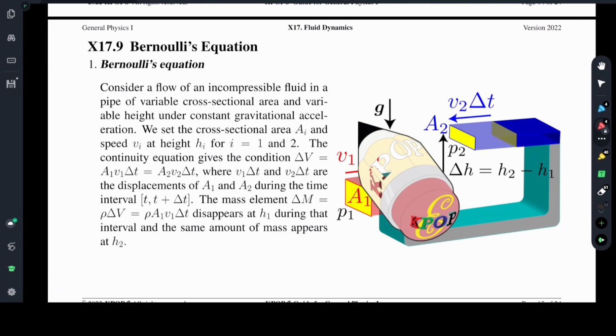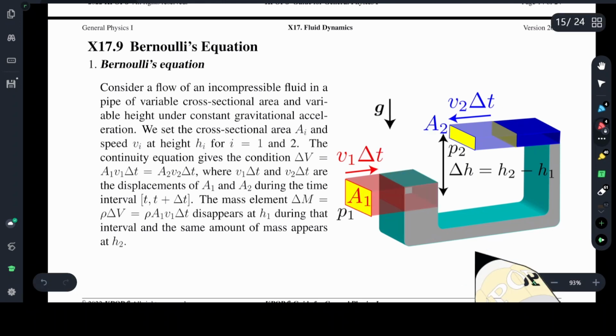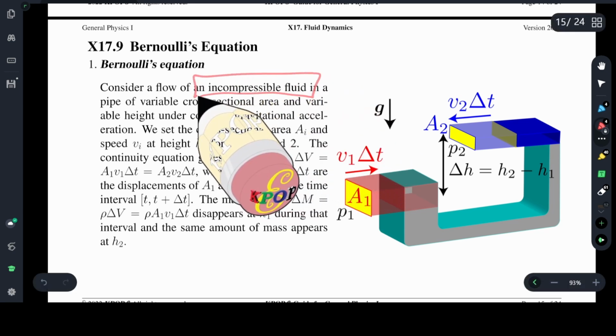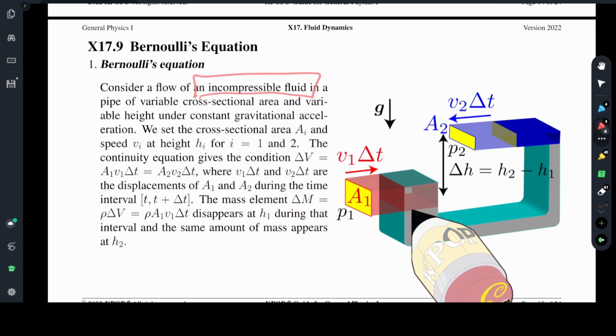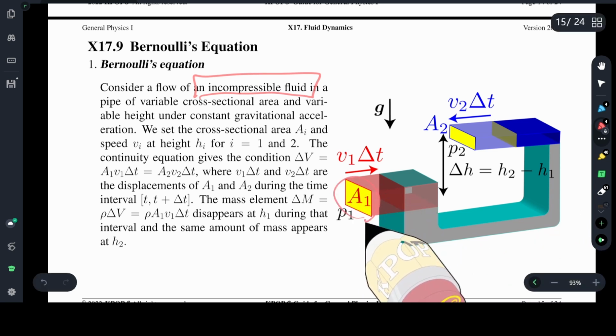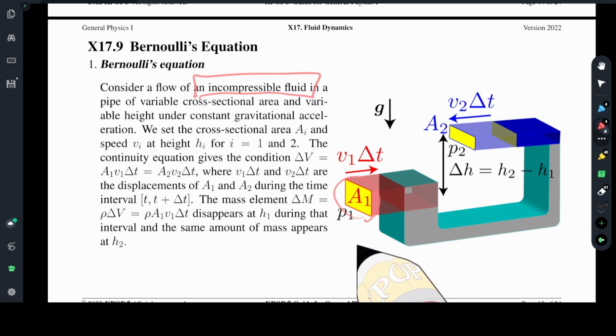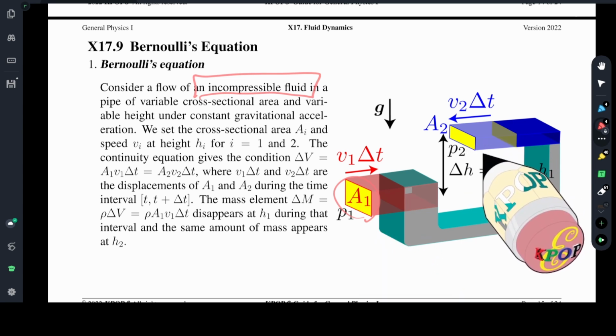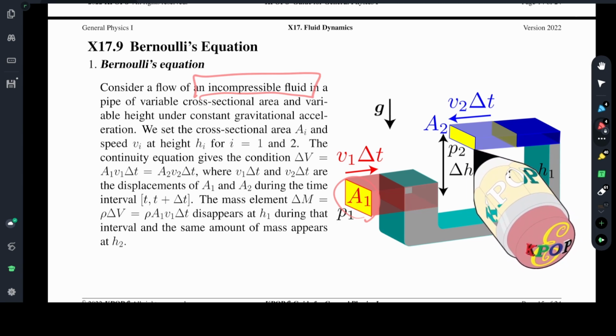Bernoulli's equation is a direct consequence of the continuity equation applied to an incompressible fluid. A fluid is moving along this tube with a variable cross-sectional area. We have a wider cross-sectional area on the left end, and on the right end a smaller cross-sectional area.